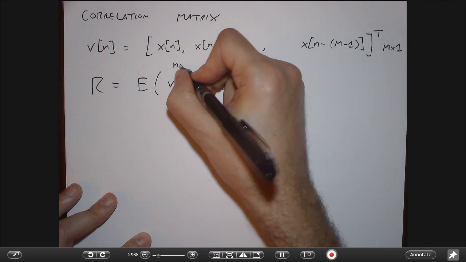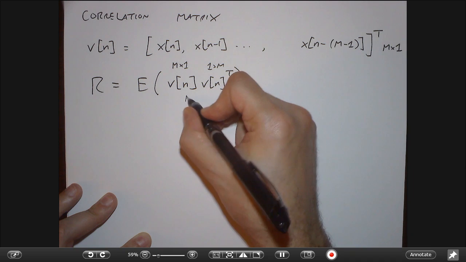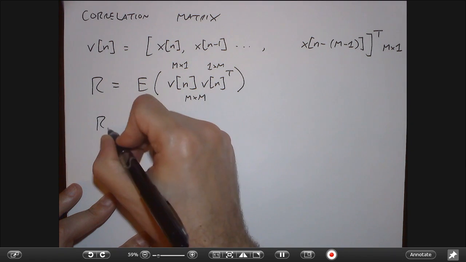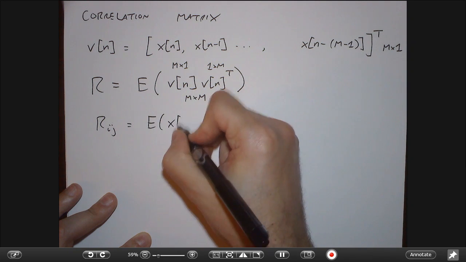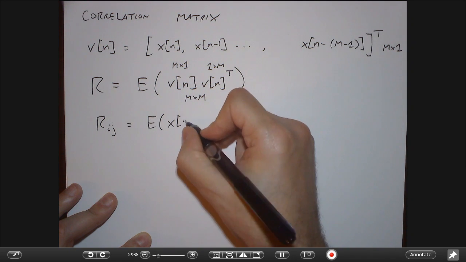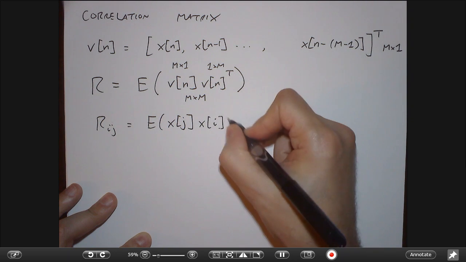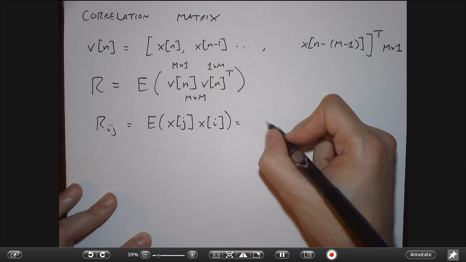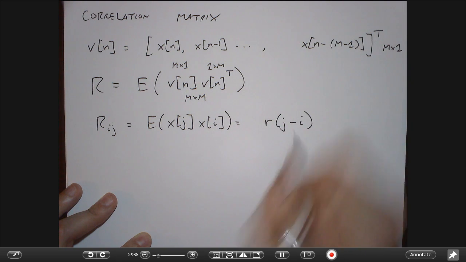Again, since this is m by 1, this is 1 by m, that means this is going to be an m by m matrix. And the ijth entry of that matrix is the expected value of x of i times x of j, which is just what I defined as the autocorrelation of the difference between these numbers.